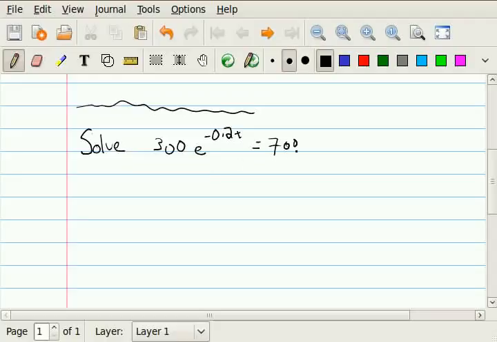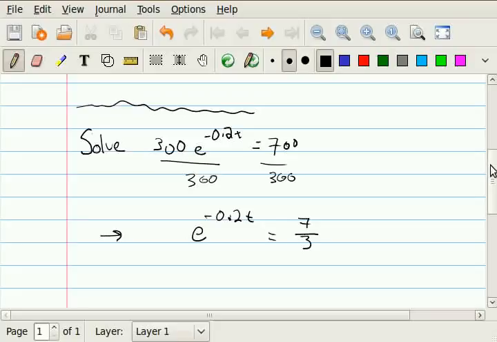First, a little organizational step: I want to get the exponential function by itself, so I would divide both sides by 300, and I would get e to the power negative 0.2t equals 700 over 300, which is 7/3.